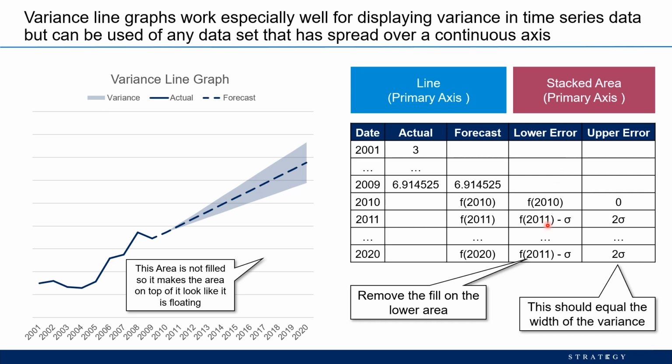This column represents an area right here, and this column over here represents an area stacked on top of this area. Now this area, you cannot see it because I made the fill completely transparent. So all that I get is this second stacked area right here, and this ultimately shows me what the spread is going to be.